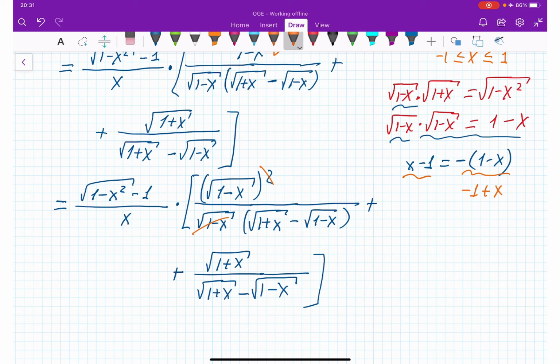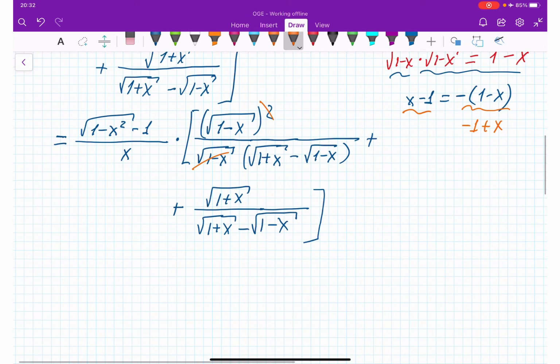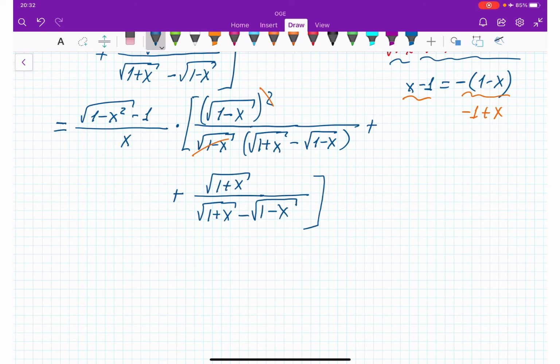Okay. And from here, what I'm going to do is bring to a common denominator the two fractions in parentheses, in square brackets. And I'm going to have square root 1 minus x squared minus 1 over x multiplied.